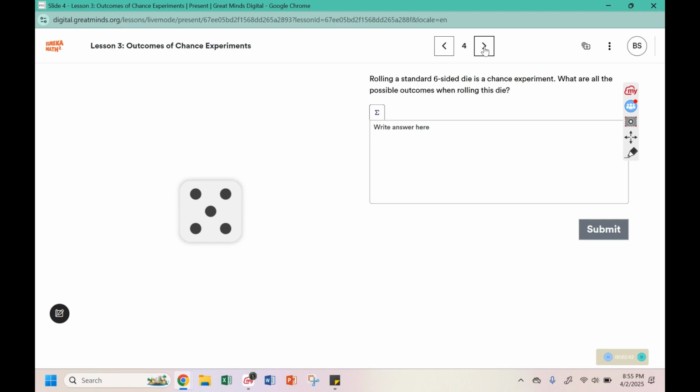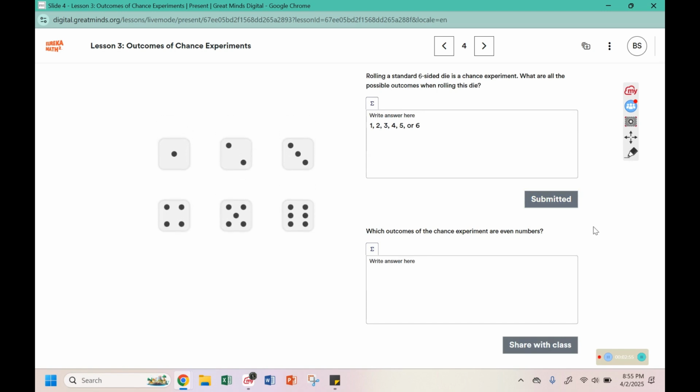What are all the possible outcomes when rolling this die? You can roll a 1, a 2, a 3, a 4, a 5, or a 6. Which outcomes of the chance experiments are even numbers? 2, 4, and 6 are all even numbers.